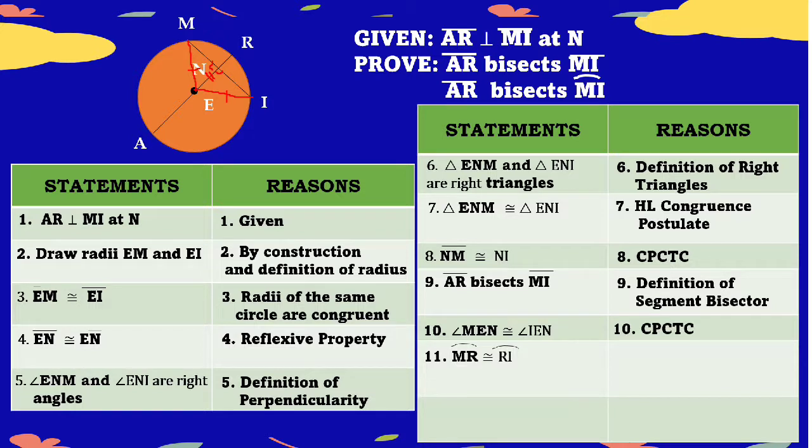So, arc MR is congruent to arc RI. For what reason? Congruent central angles intercept congruent arcs. Finally, we can now prove that segment AR bisects arc MI. And the reason for this is definition of arc bisector.